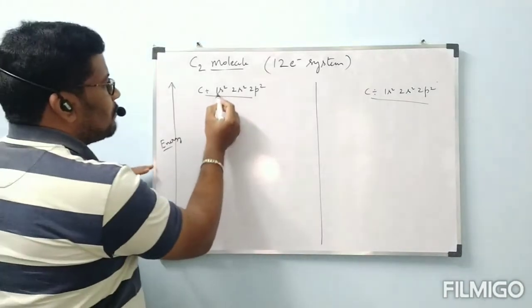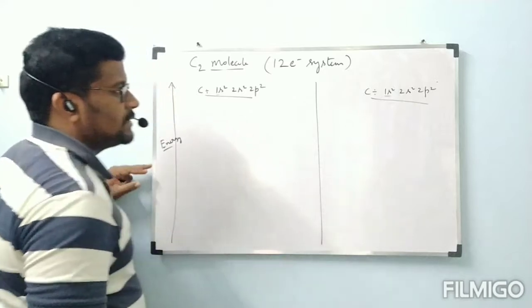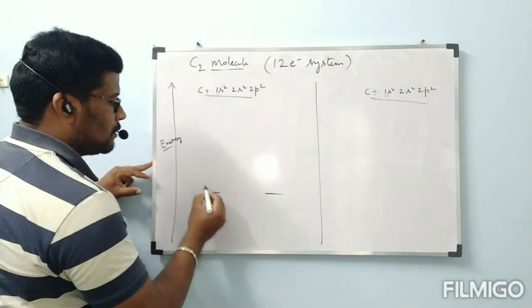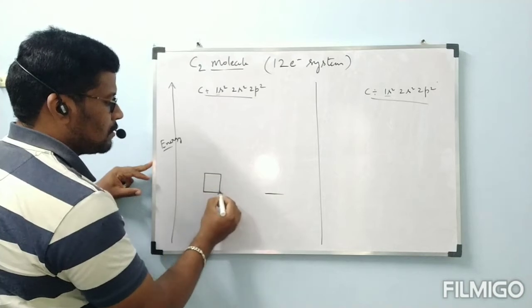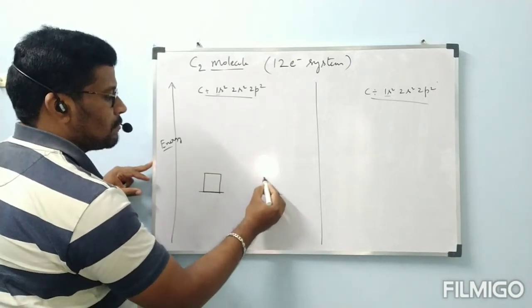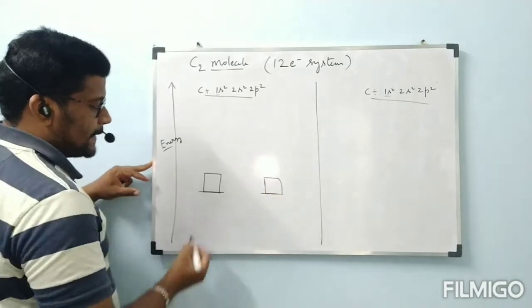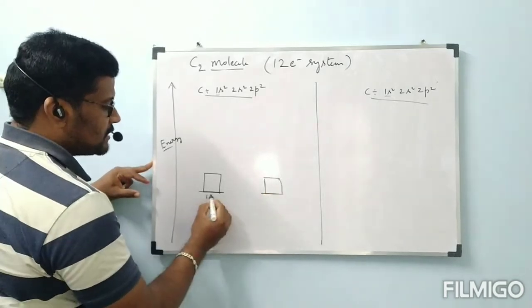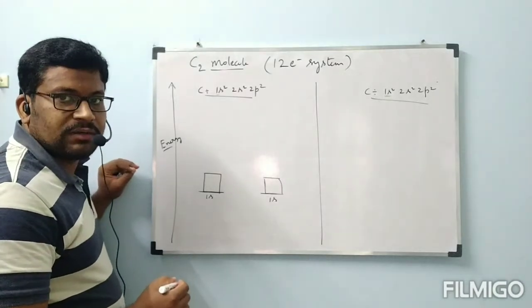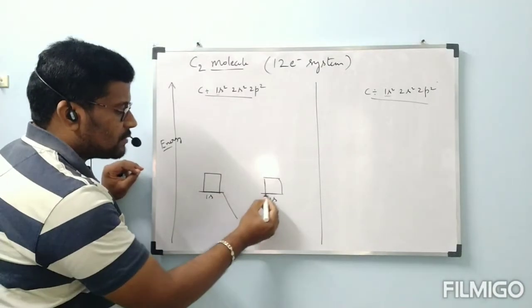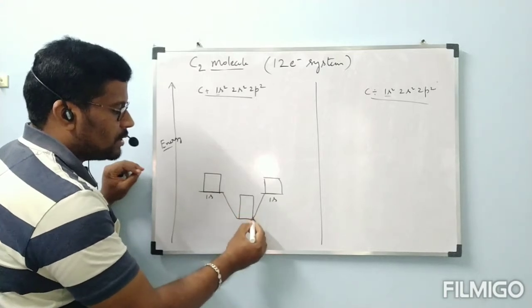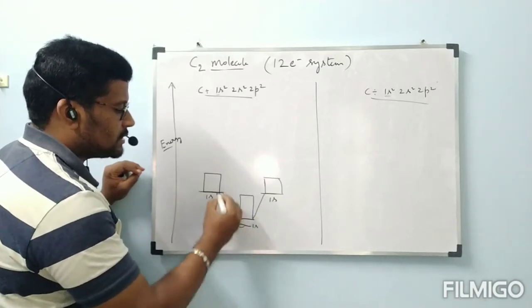First, between 1s and 1s. This 1s and 1s will undergo constructive interference as well as destructive interference. If they undergo constructive interference, they will form a bonding molecular orbital, that is sigma 1s.